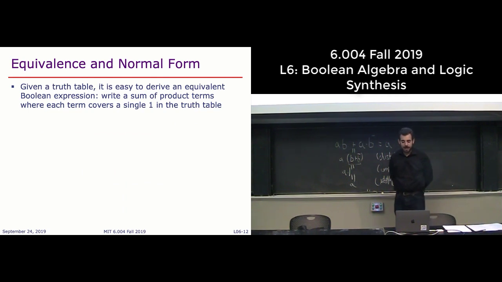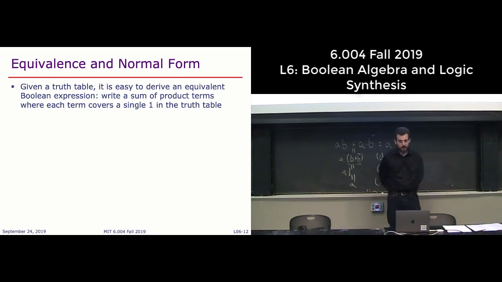Good. All right, so now I mentioned that truth tables and Boolean equations or Boolean expressions are equivalent ways of defining the functionality of a circuit. So let's see why that is.